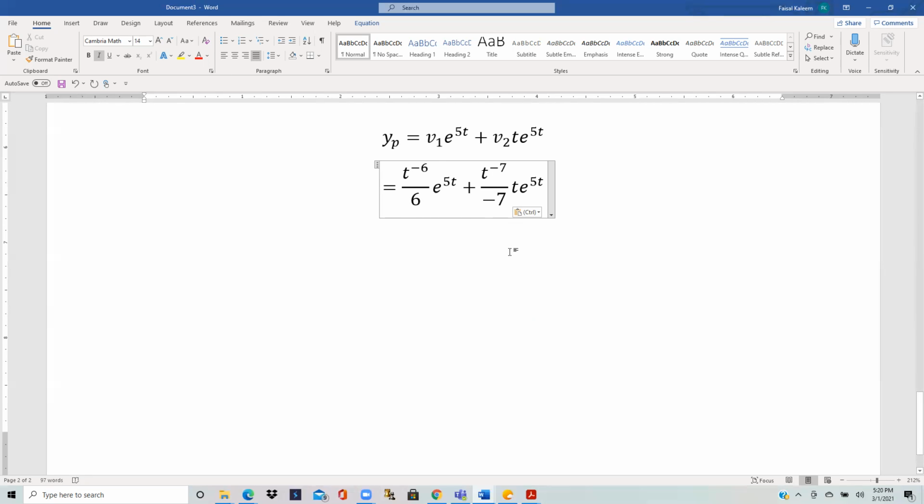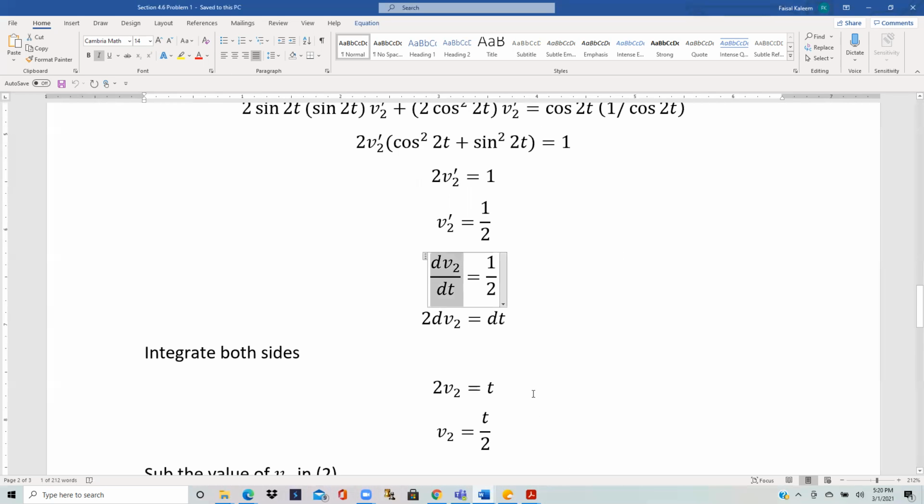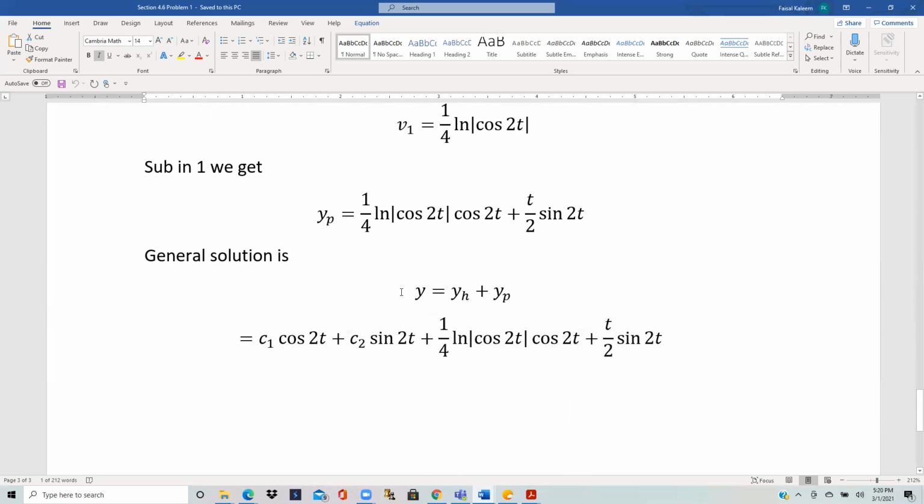Okay, we have yp, and therefore we can now write the general solution. General solution is yh plus yp. So let's write the template for that. The general solution is yh plus yp.